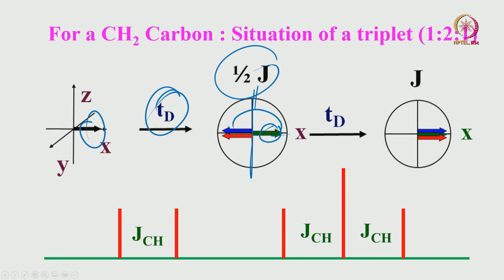Why? Because remember, in the J coupling here is like this for one doublet, whereas in the triplet this itself is J, not half like here. Here if you measure this J, you have half of the J, one component is here, half J, this is half J, whereas here it is 1 J. That means if you have a triplet, one of the components with respect to the central component itself is the J value.